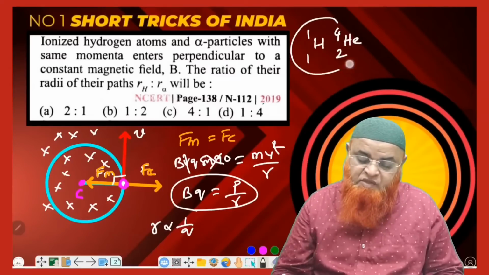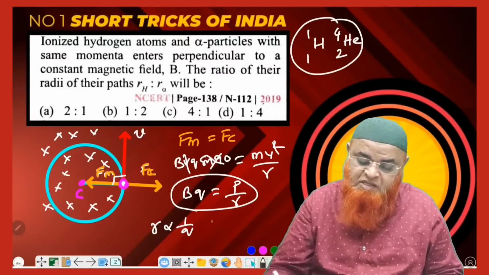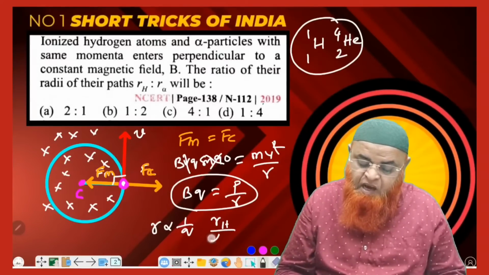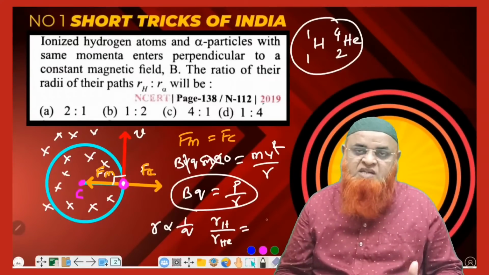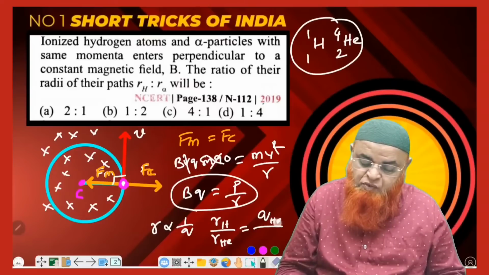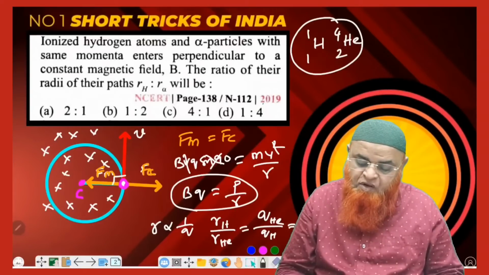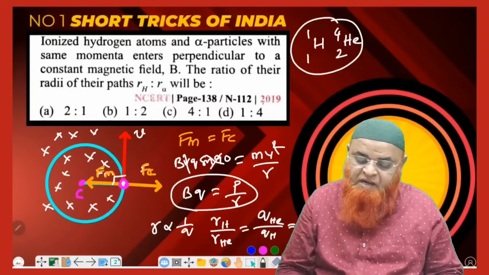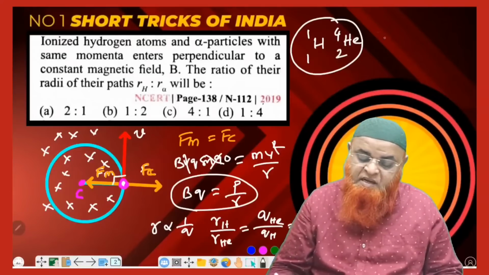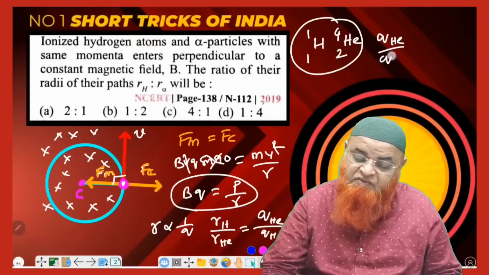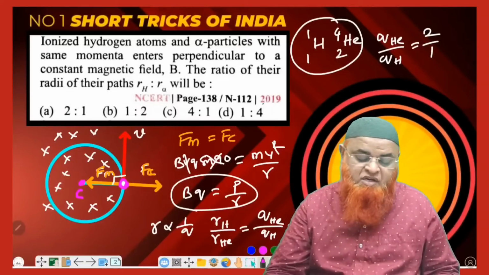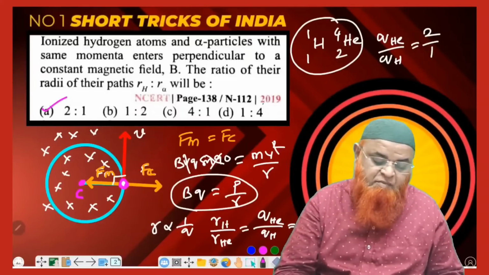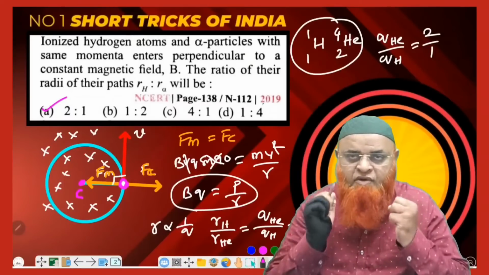Using this concept, we can write R of hydrogen by R of alpha particle as Q of helium by Q of hydrogen. Helium is 2, hydrogen is 1. So your correct option is going to be the first option. Hope you have understood from the basics.